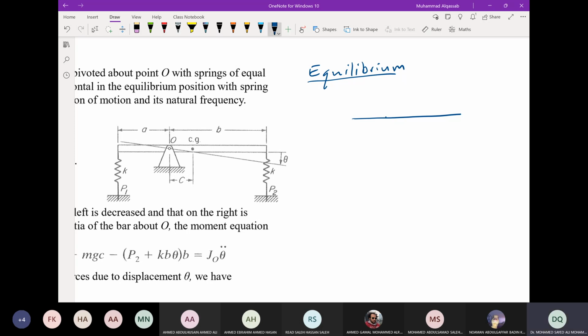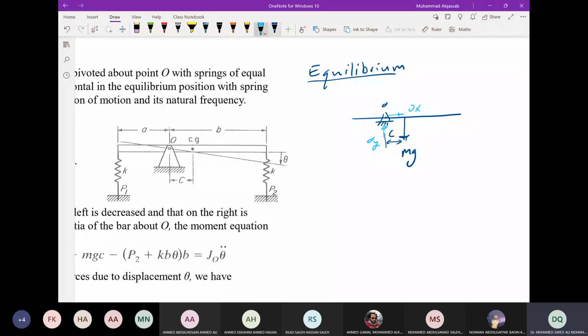We have the weight at point CG, which is a distance c from point O, and then we have reactions. You can add reactions Ox and Oy. Usually we don't add them because we will take moments about point O, so they will cancel out.